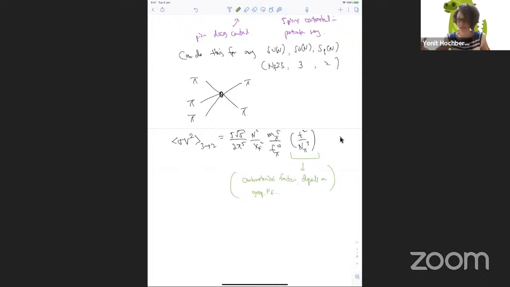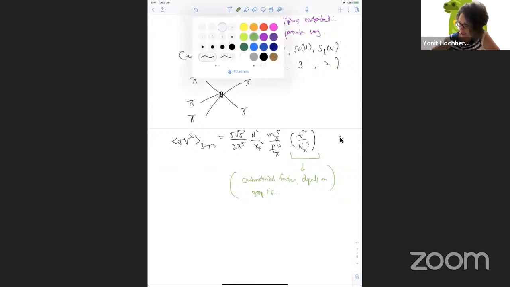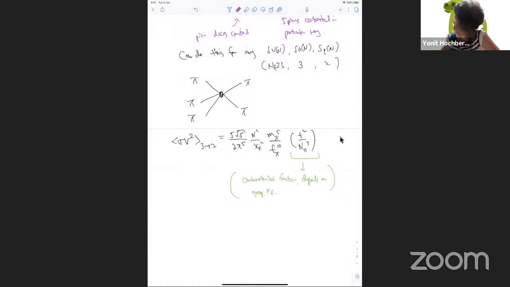Okay, and so here is the 3 to 2 cross section in terms of the parameters of the theory. m pi is the dark pion mass, f pi the dark pion decay constant. So this is what we previously, just to stress this point, called alpha effective cubed over m dark matter, so that would be m pion here to the 5th.